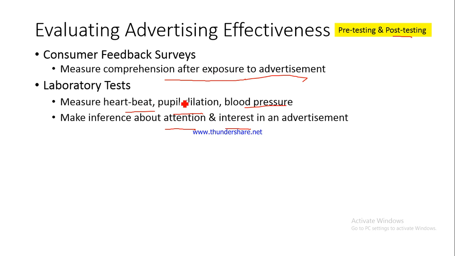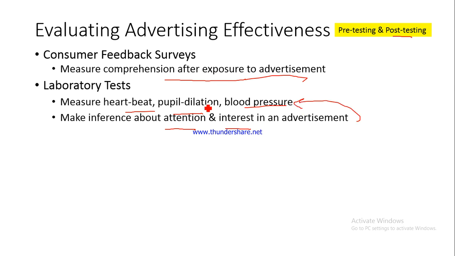So just by looking at these bodily parameters, I can gauge whether the person who has seen my ads is attending to my ads, is attending to the message shown in the ad, and is finding my advertising campaign interesting. Does he find my ads interesting or not? This I can gauge by looking at the bodily parameters.